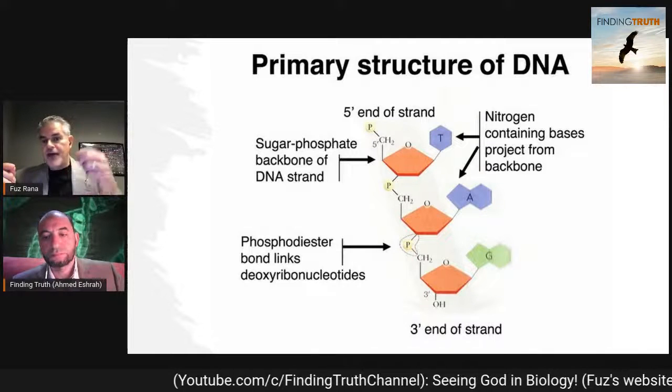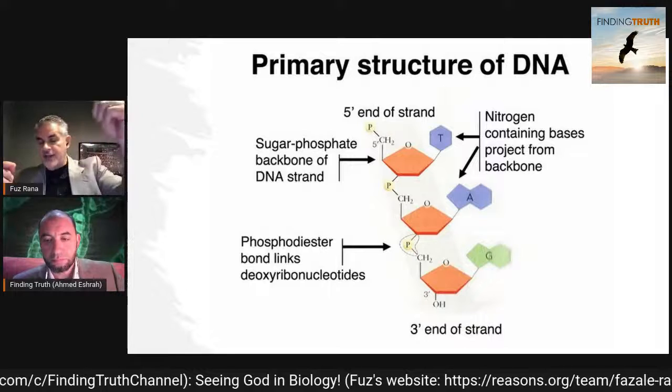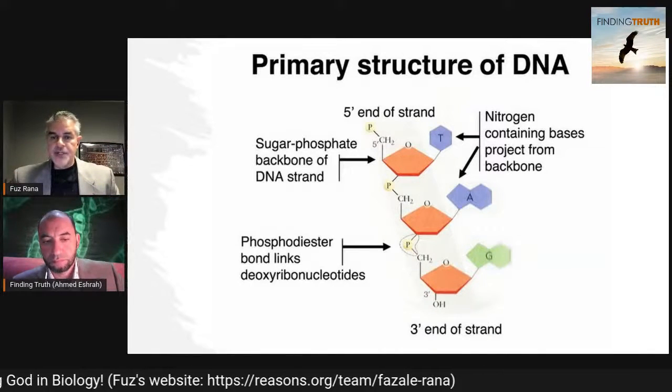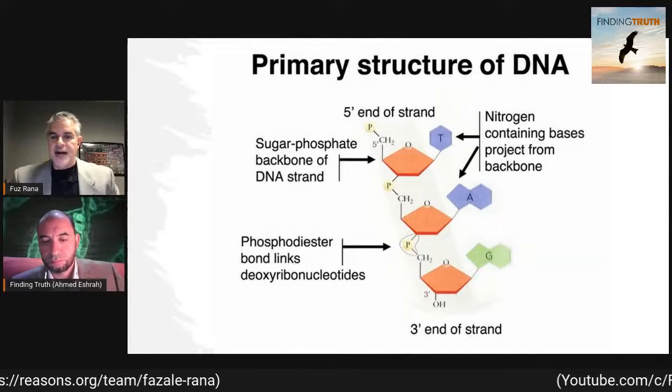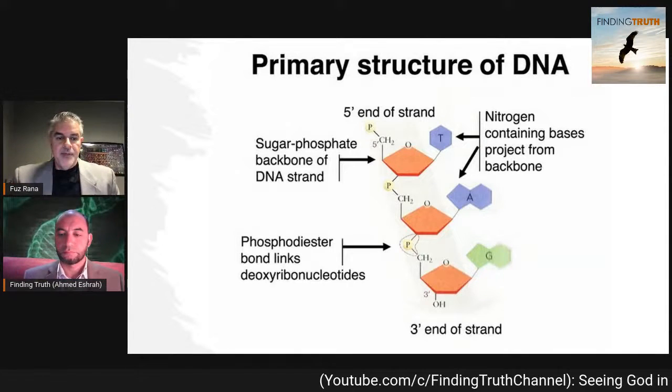So it's a 5', 3' linkage. And you just repeat that along the entire length of the strand, where in this particular diagram, the nucleobases are only represented by letters. Their actual molecular configuration isn't depicted there.